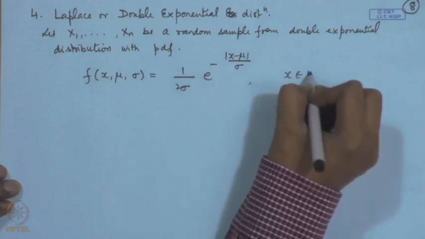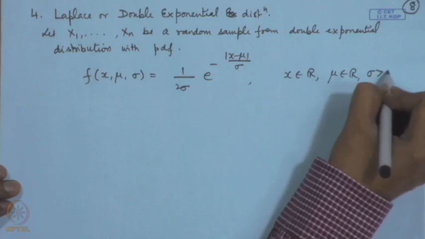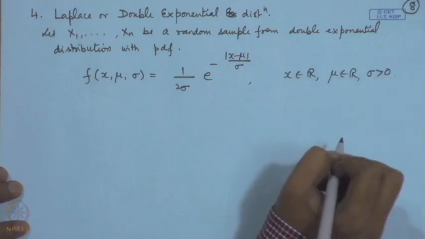Here x is any real number, the parameter mu is any real number, and sigma is a positive parameter.